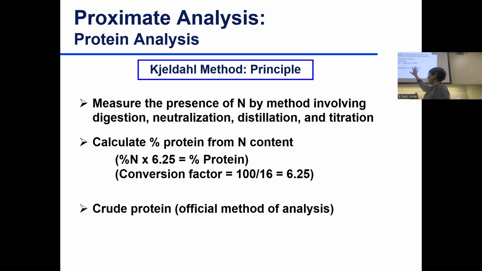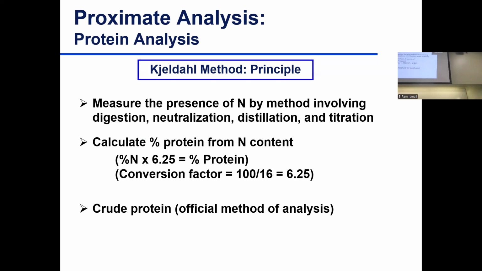There is a general conversion factor, 6.25. Where does this 6.25 come from? The general assumption is that in a protein, you have 16% nitrogen. 16% of the protein is nitrogen, because protein is made of amino acids, and amino acids have nitrogen or amine groups in them. So the conversion factor becomes 100 over 16, which is 6.25.